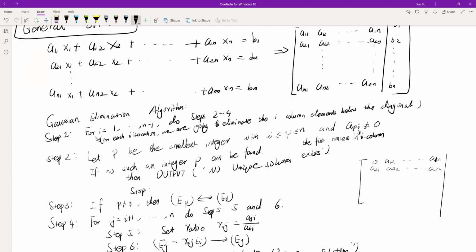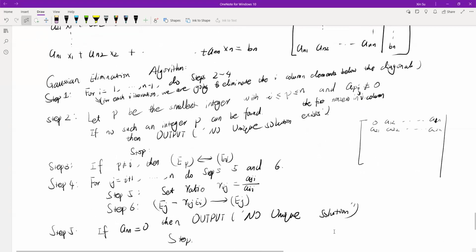If you take a look at the row elimination here, this is step 4. Step 4 is using the ratio.